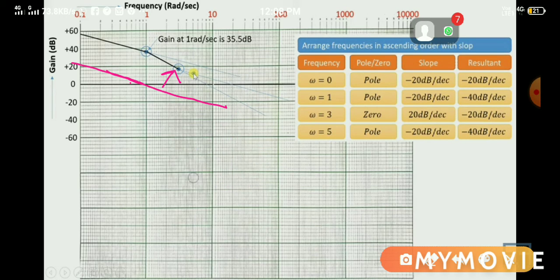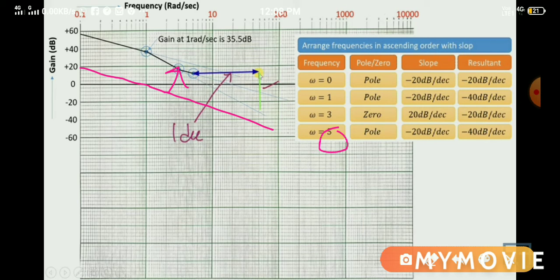Then again take a parallel line till this point. So take a parallel line till omega equals to 5 radian per second. We have drawn this point. We got this point, right?